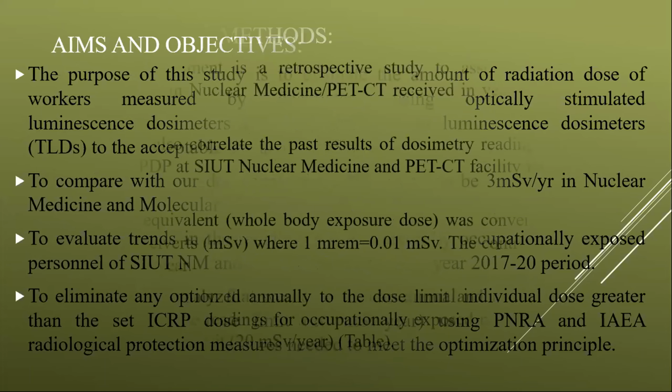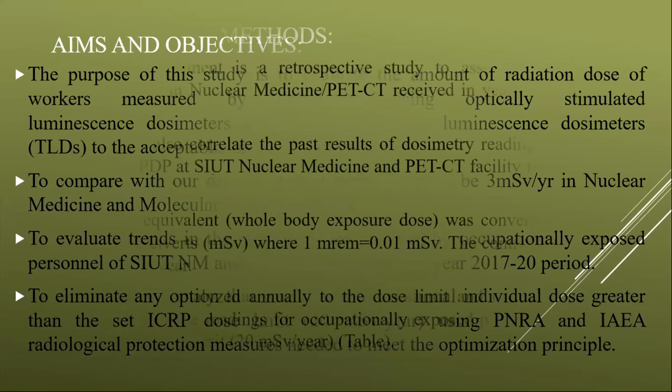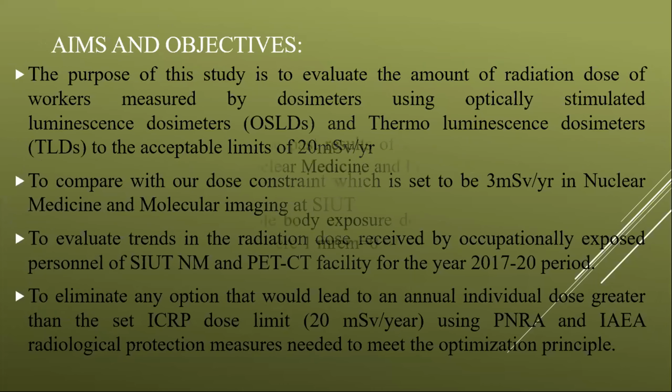It also evaluates the trends in the radiation dose received by occupationally exposed personnel of SIUT NM and PET-CT facility for the year 2017 to 2020, and eliminates any option that would lead to an annual individual dose greater than the ICRP dose limit, using PNRA and IAEA radiological protection measures needed to meet the optimization principle.